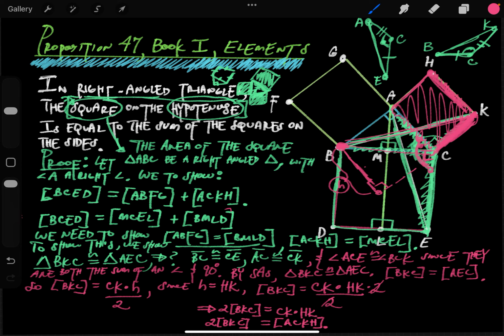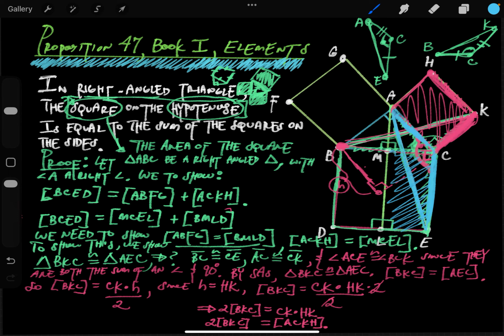Now, we can play a similar game, but now we want to look at the relationship between this triangle and this rectangle. So if we look, they share that CE side, the triangle and the rectangle.